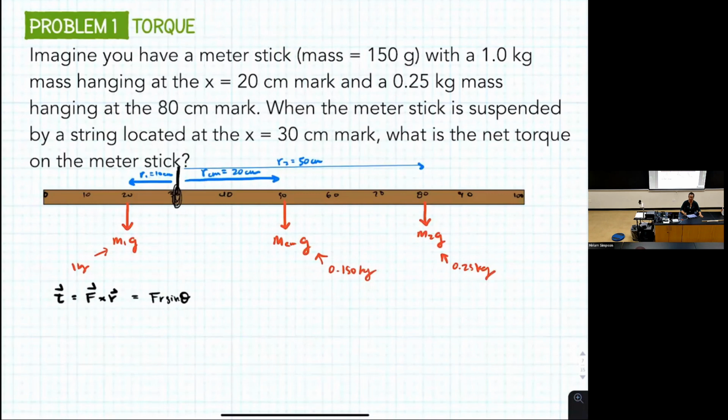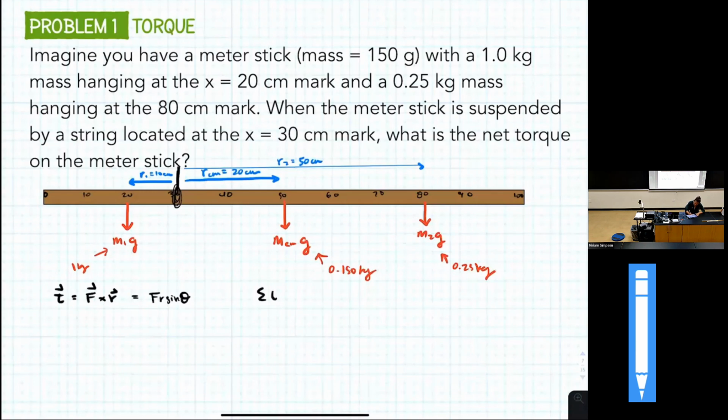What do we know about the angles here? What are the angles between R and F in all of these cases? 90-degree angles. So because theta is 90, we always have sine of 90. And what is sine of 90? 1. So we just have to calculate our 3 torques, and then we'll add them together.